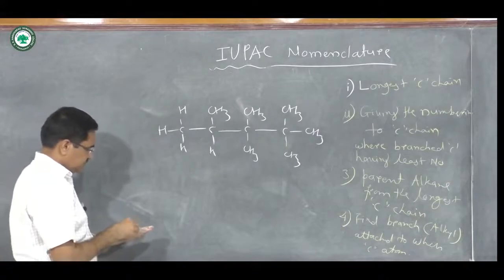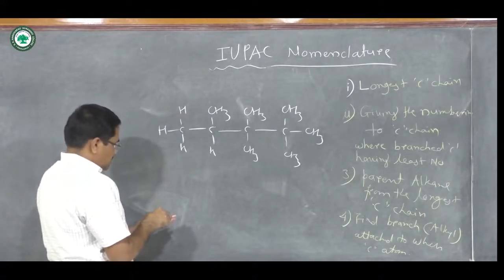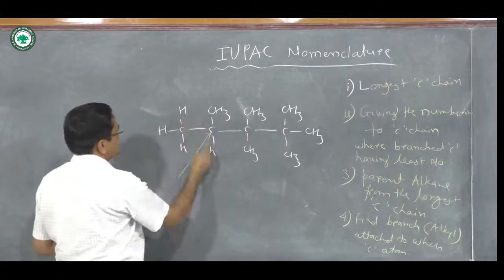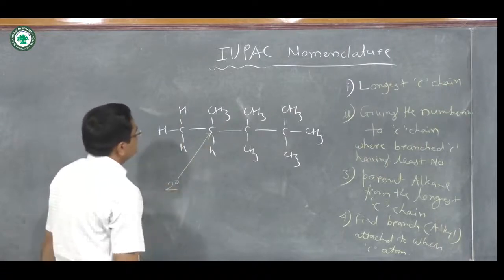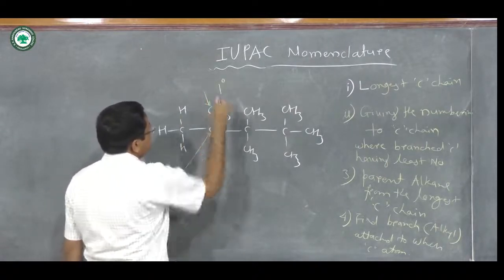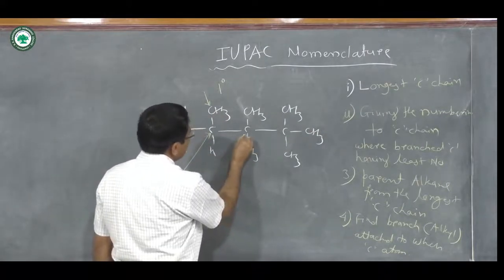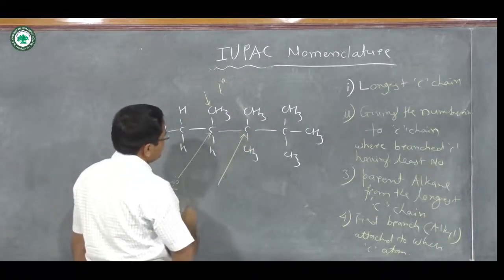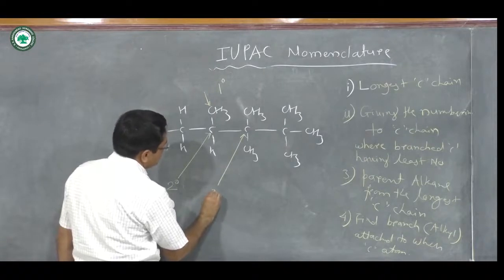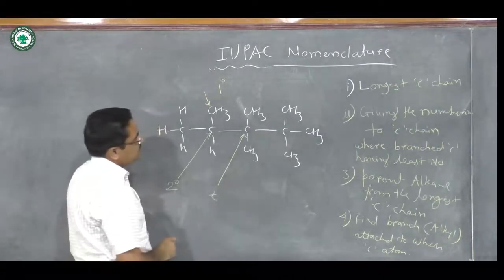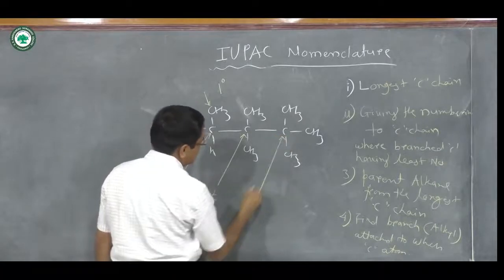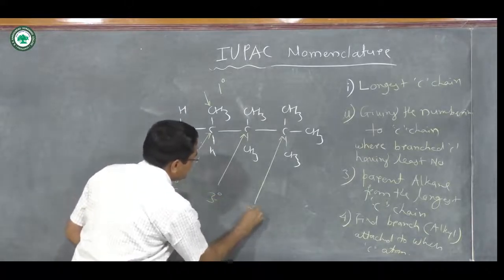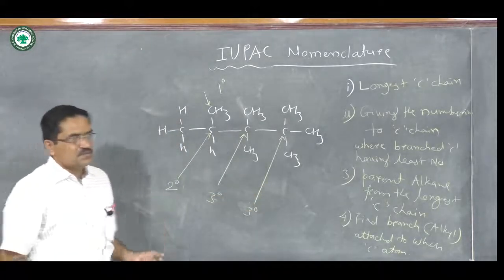Here this carbon atom is a secondary carbon atom, this carbon atom is a primary carbon atom. Here this carbon atom is a tertiary carbon atom, and this is also a tertiary carbon atom. Okay, thank you.